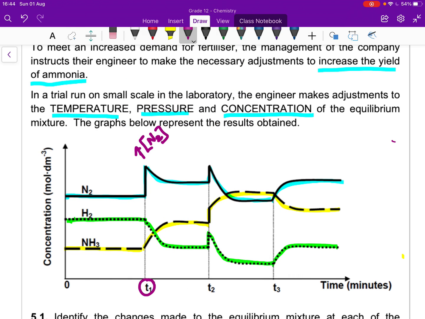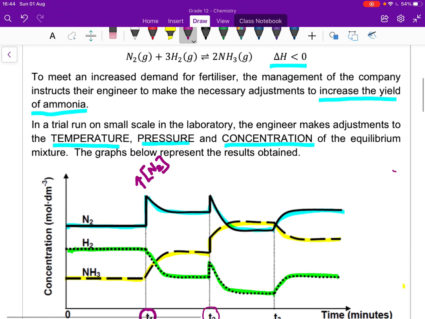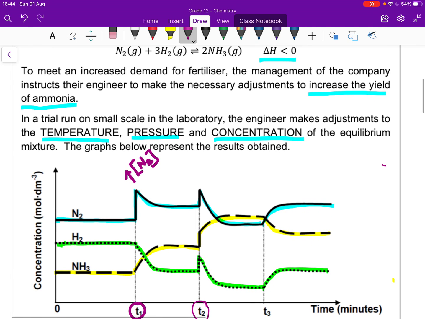Then we look at this one, and it's an instantaneous change in concentration of everything. We're working with gases, and if we look at it, we then favored the forward reaction. And remember, I've got to choose between temperature, pressure, and concentration. Temperature doesn't make an instantaneous change like this.